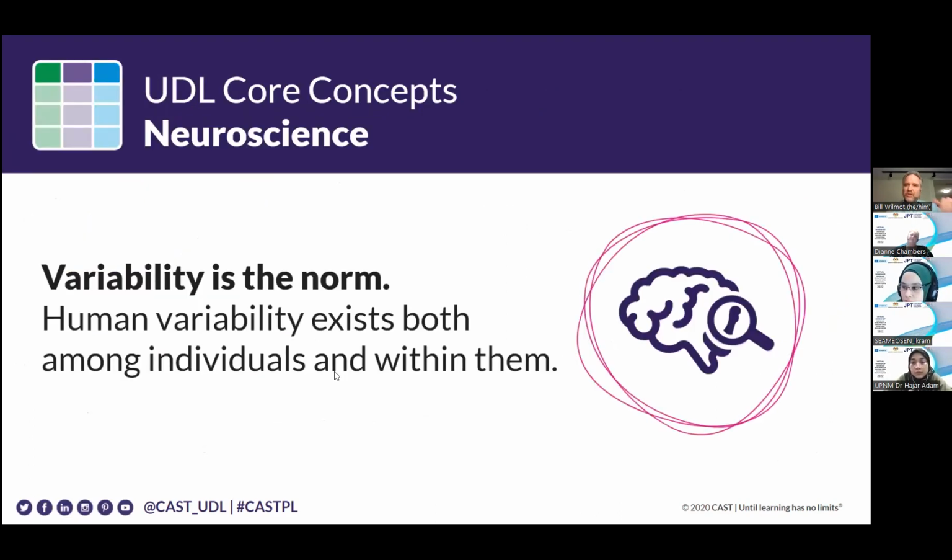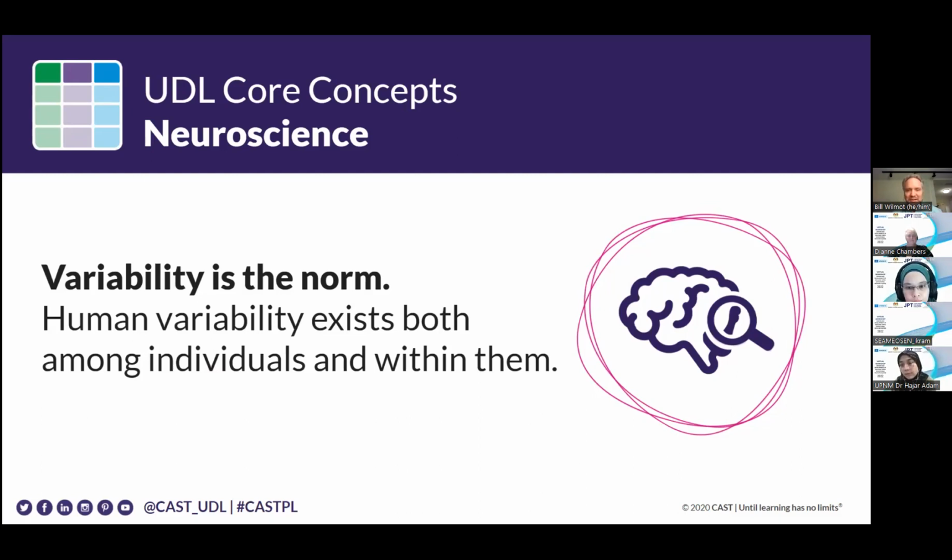So let's go a little bit deeper into some of the underlying core concepts that form the foundation of UDL. It really is built on a foundation of research in the neurosciences that is showing us again and again what a lot of teachers have always known, that all learners learn differently.